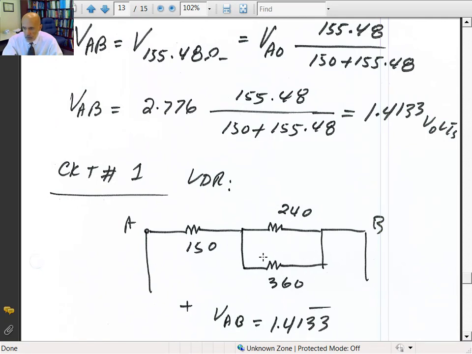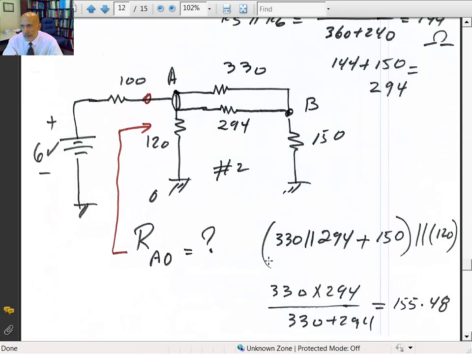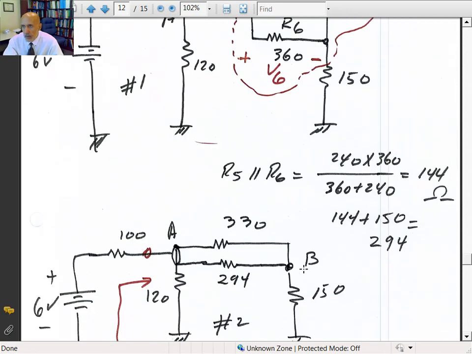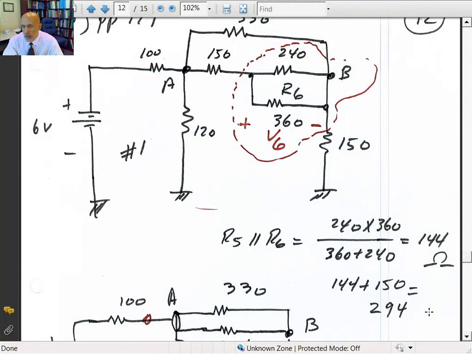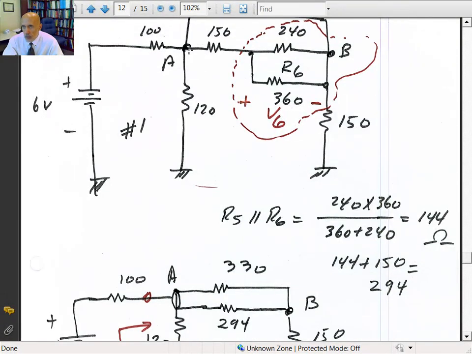And the voltage V sub 6 that we're looking for is the voltage across those 360 ohms. And we already calculated that. The parallel combination of those two, back up here, that was R5 and R6, was 144 ohms. The voltage from A to B is the voltage across 150 in series with the parallel combination here.